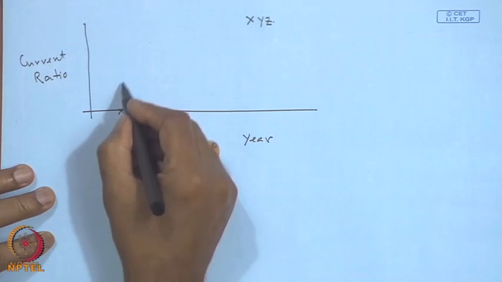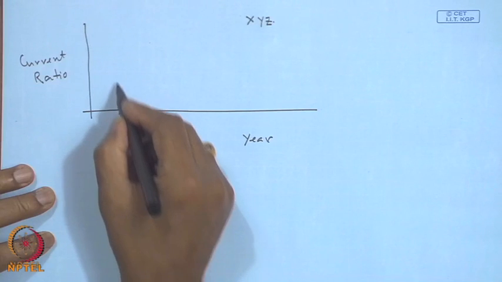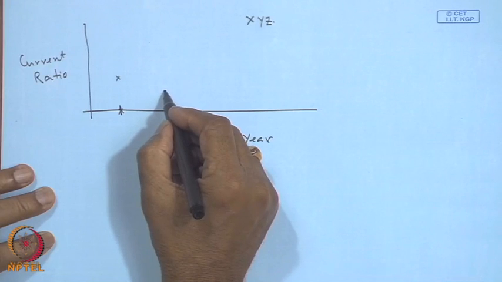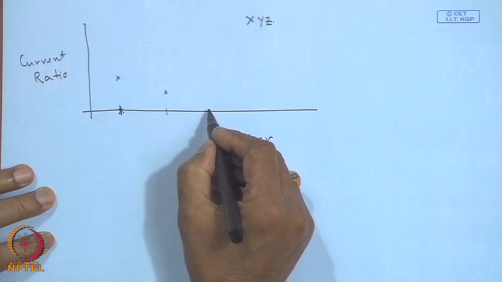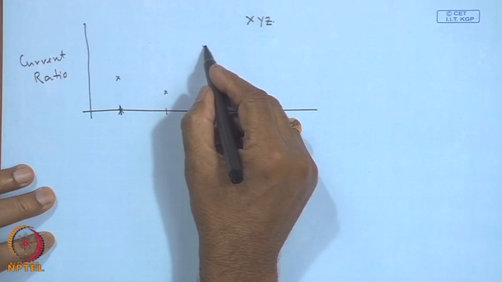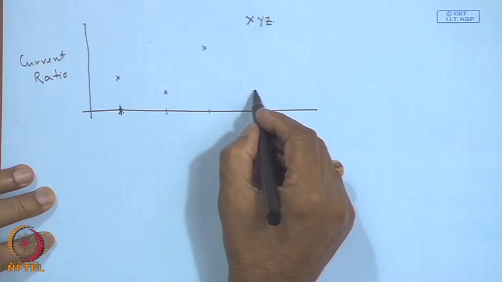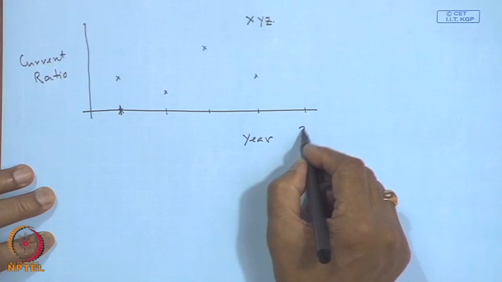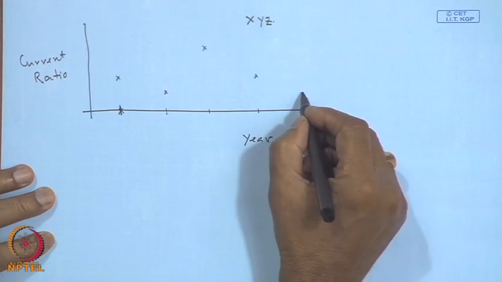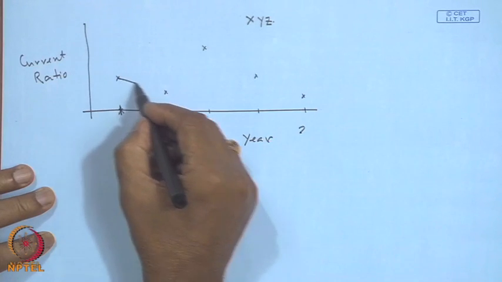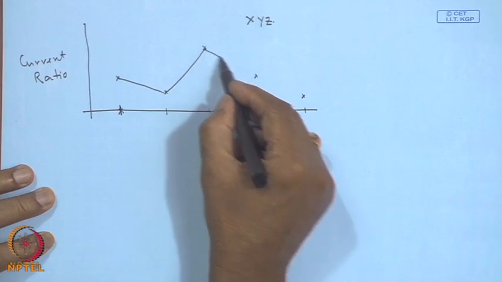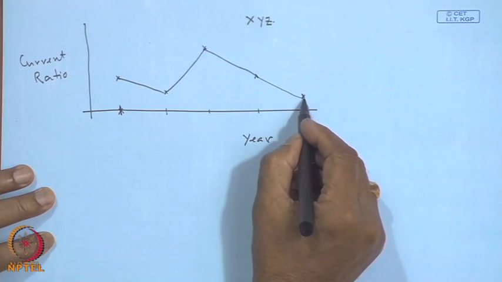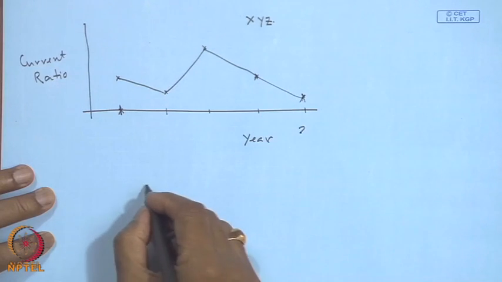So, in 1 year the value was somewhere here, in another year the value fell, in another year the value is very large, in the 4th year the value is close to this, and let us say that this is the most recent year. In this year the value is as less as this. So, this is called a time series comparison.